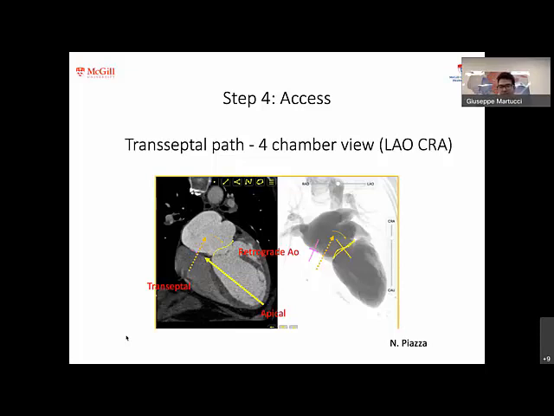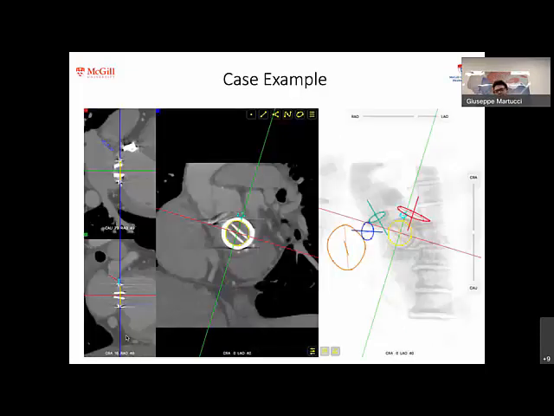So this is a case that we performed about 3 weeks ago, and oddly enough, the leak is very similar to the case that was presented earlier. And what you're seeing en face is the mitral valve, and as you go to the left lower quadrant, what you are appreciating is a 2-chamber view with the left atrial appendage right here.